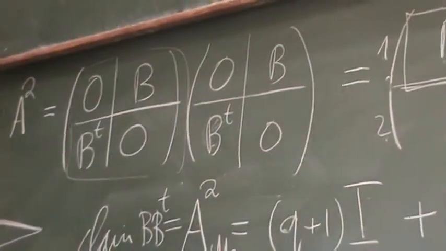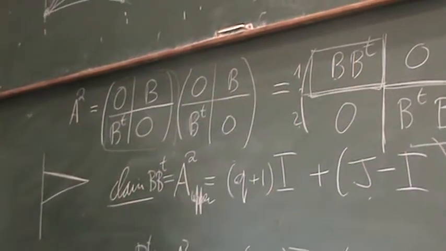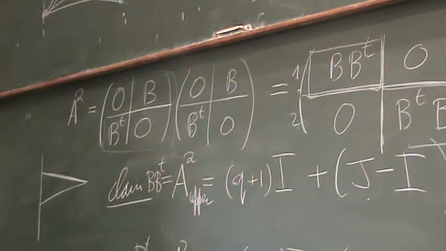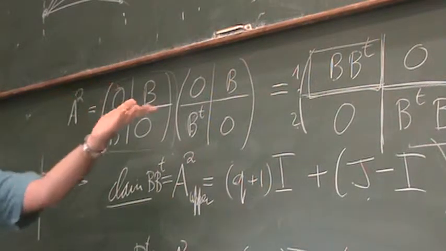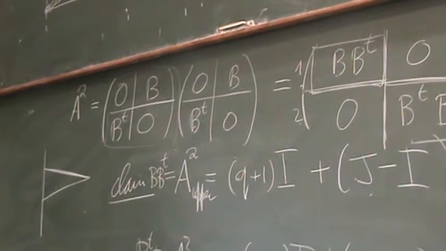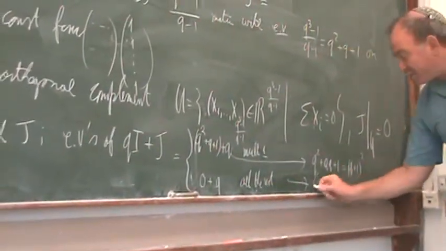Because the matrix A we started with is a matrix of a Q plus 1 regular graph. So we knew that it has Q plus 1 as an eigenvalue, then A squared must have the eigenvalue Q plus 1 squared. And indeed, it comes up. It's a very simple computation. It did come up, and all the others are just Q.